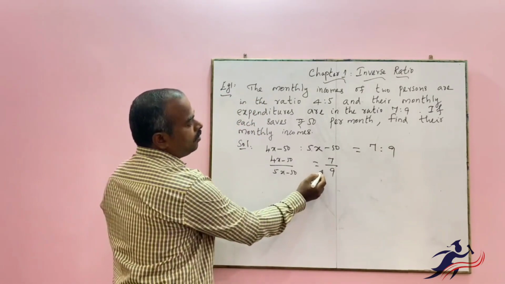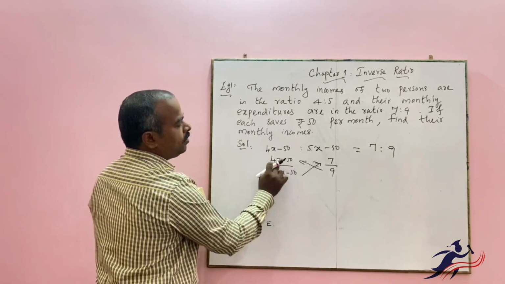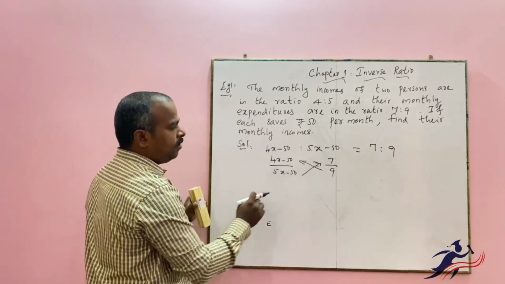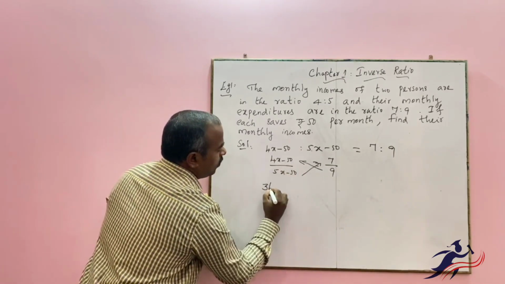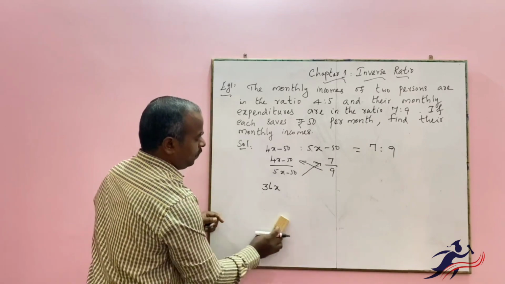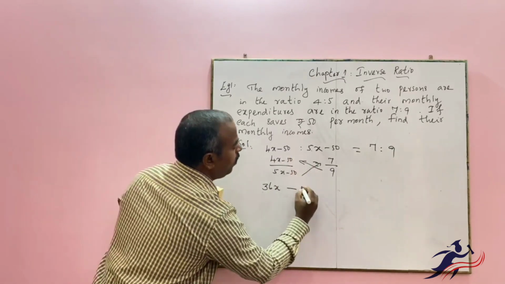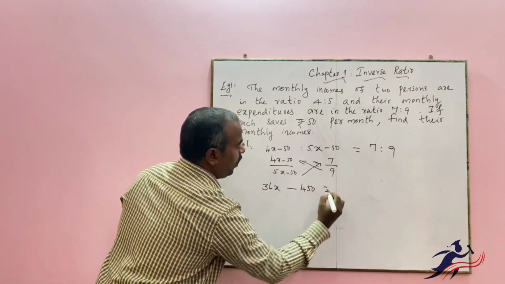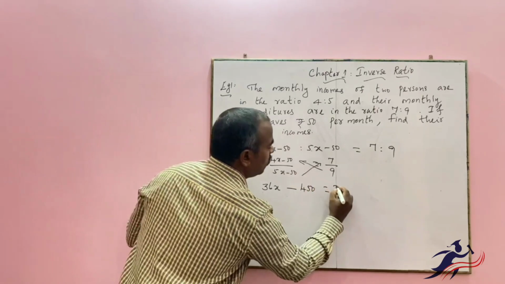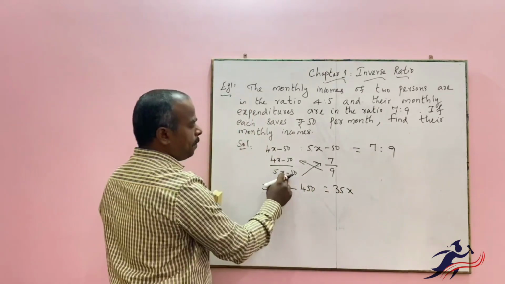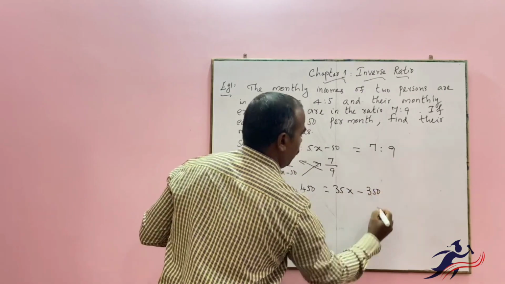Now we cross multiply, so each term is multiplied by 9, that is 9 into 4x, that is 36x, minus 9 into 50, that is 450, is equal to 7 into 5x, 35x, minus 7 into 50, 350.